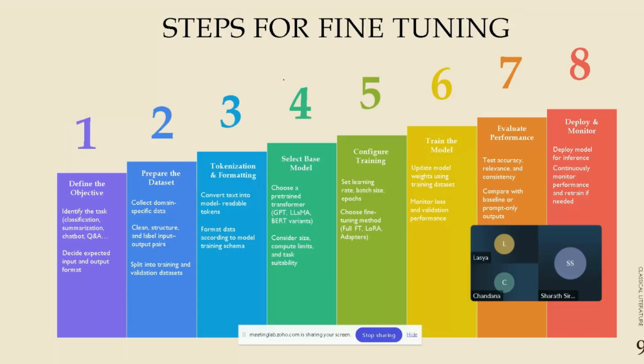The first step is that we have to check for which type of requirement we are doing the fine tuning. Requirement means: what is my problem statement? My problem statement could be summarization, where I want the LLM to perform the summarization according to my requirement. Another can be translation, where the translation is not happening according to my expectation.